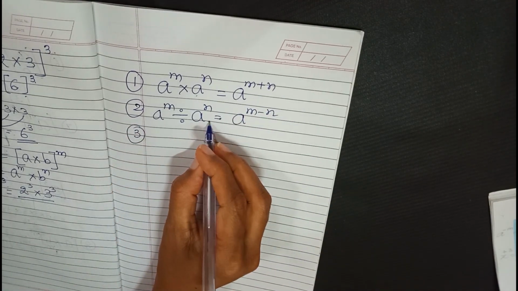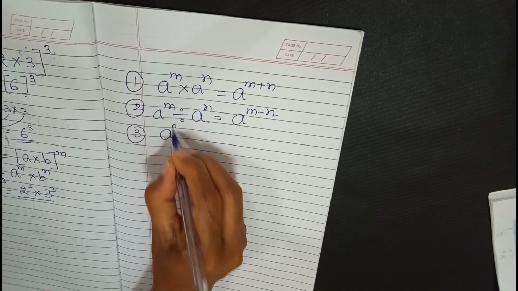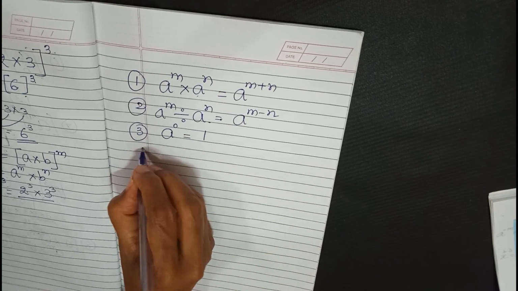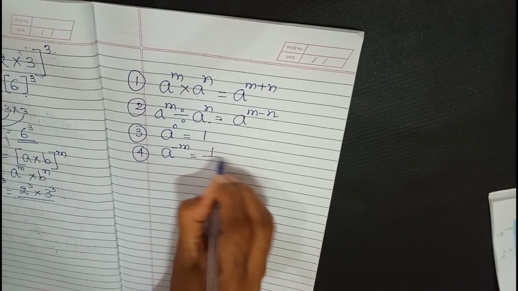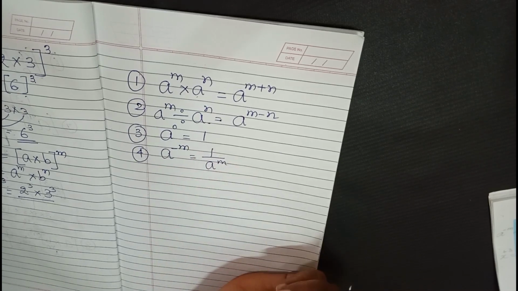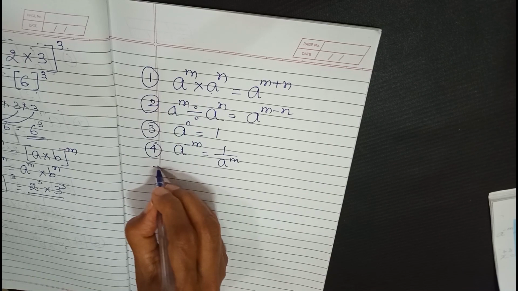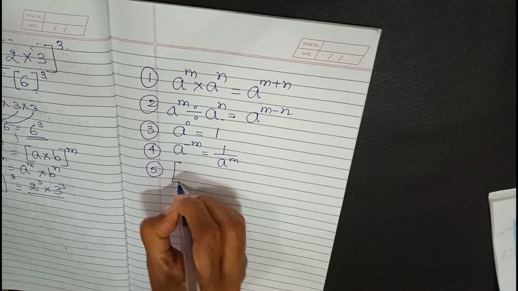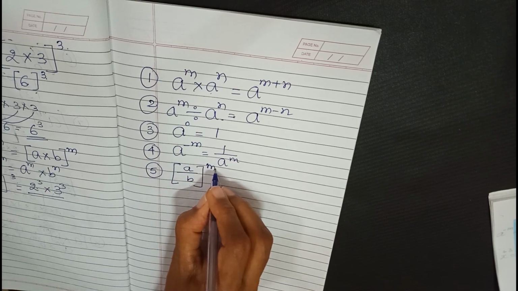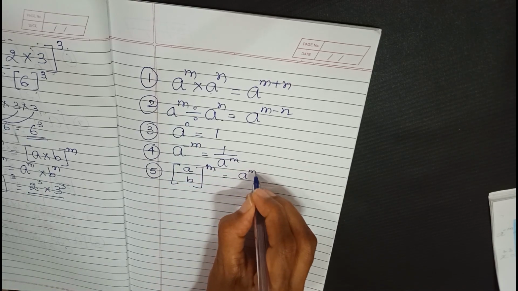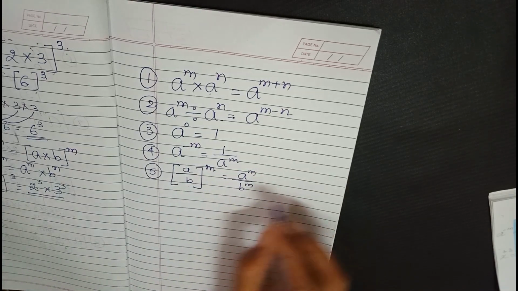Third, if the power becomes 0, then it is equal to 1. Next, if it becomes negative, it just shows that it is in the wrong position and its position should be changed. Next, if we have numbers in a bracket with a common power, all the numbers will have the same power.